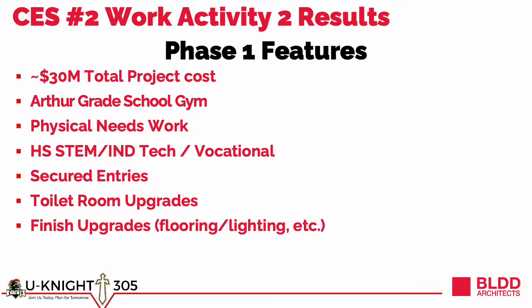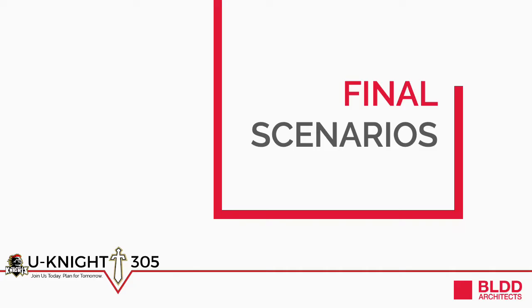Secured entries at all of our facilities were also key items identified. And lastly, some particular items related to physical needs were upgrades to toilet rooms and general upgrades to flooring, finishes, and lighting as much as we could fit into the budget. Now, with that quick review, I'm going to move into the final scenarios.